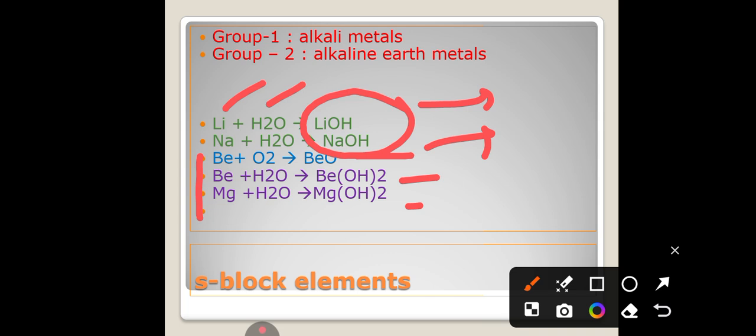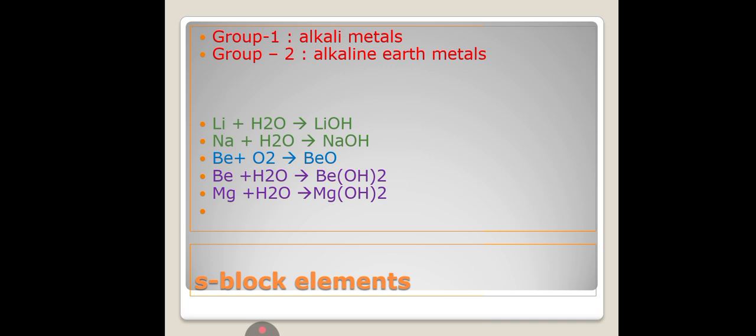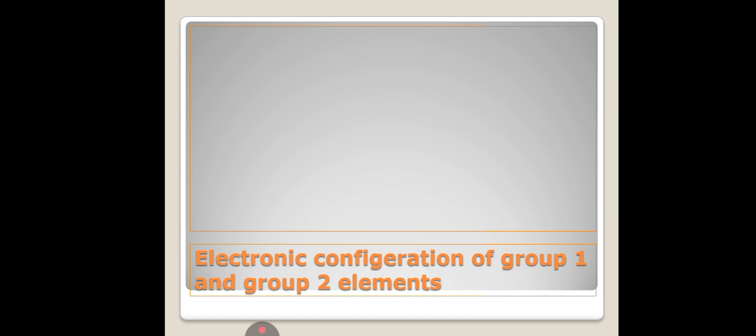So they are obtained from the earth's crust directly with a huge percentage. That's why they were named alkaline earth metals. Okay, this is the name given to group 1 and group 2 elements: alkali metals and alkaline earth metals.